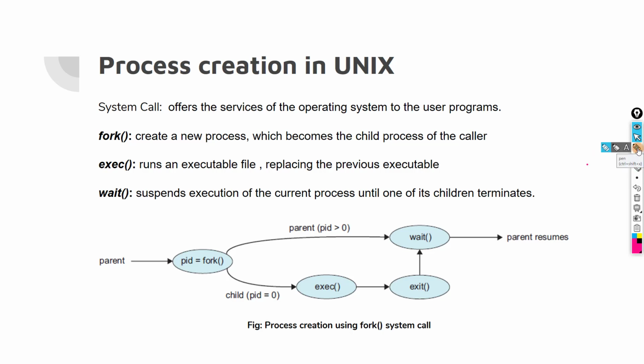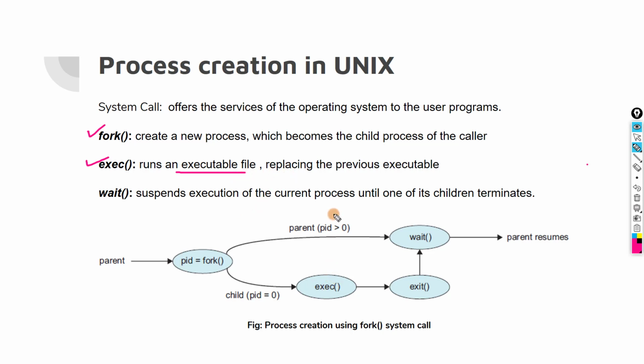If we take the example of Unix, how are processes created in Unix? There are some system calls related to process creation in Unix. Fork is a system call which creates a new process, the child process, which is a copy of the parent. Exec is a system call that runs an executable file.